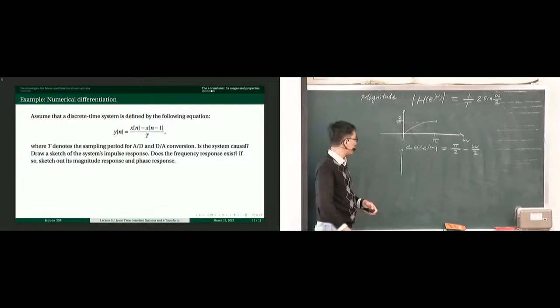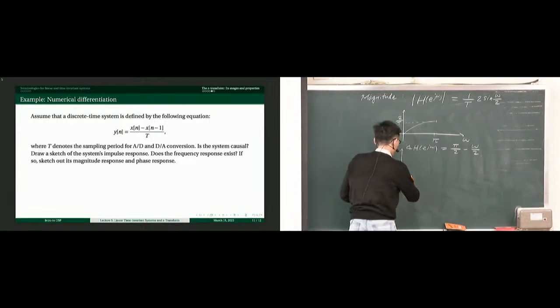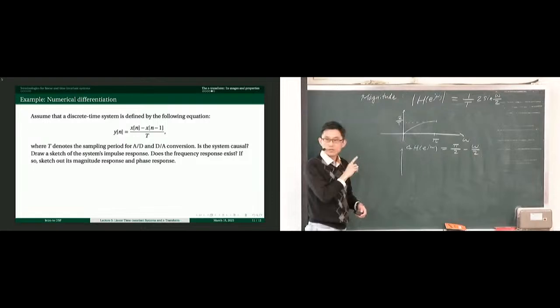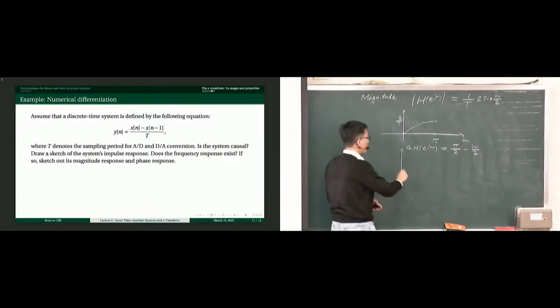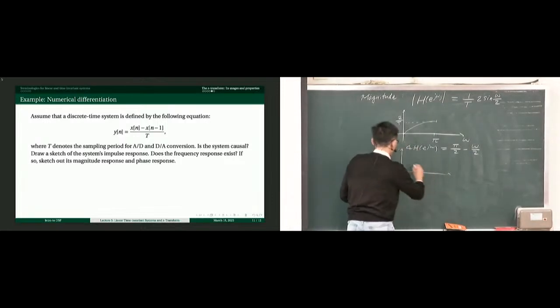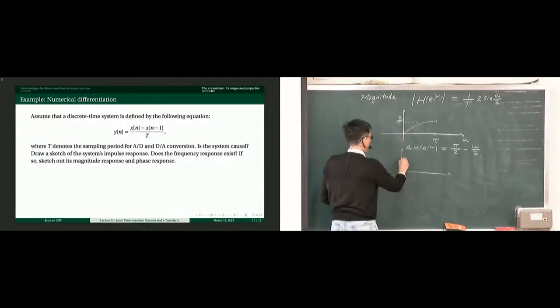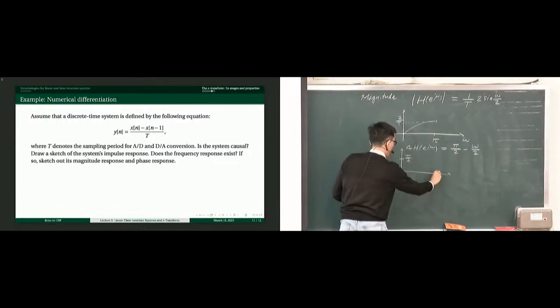The phase response is a straight line, which equals pi divided by 2 at zero, and then a straight line with a slope, equal to 0 at Nyquist.